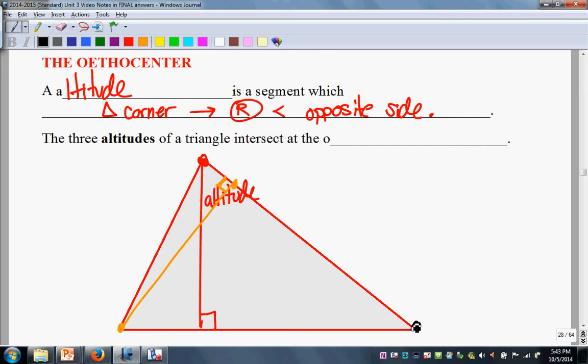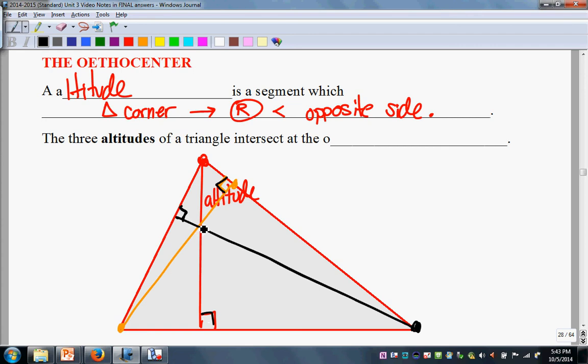Corner, right angle, opposite side. Notice I have three right angles.